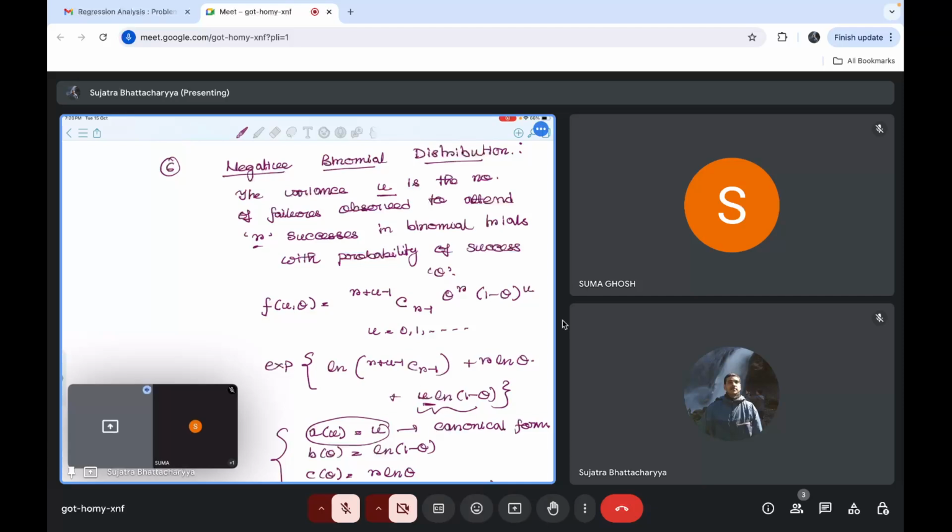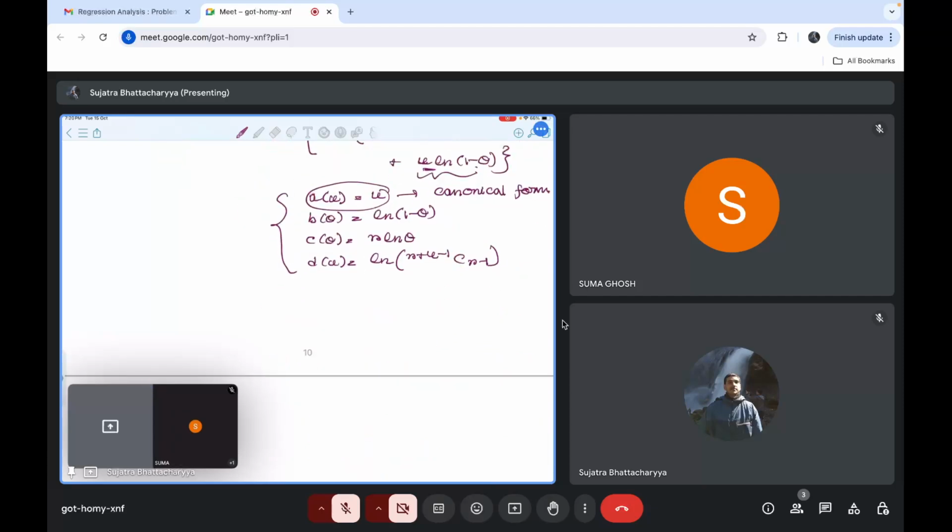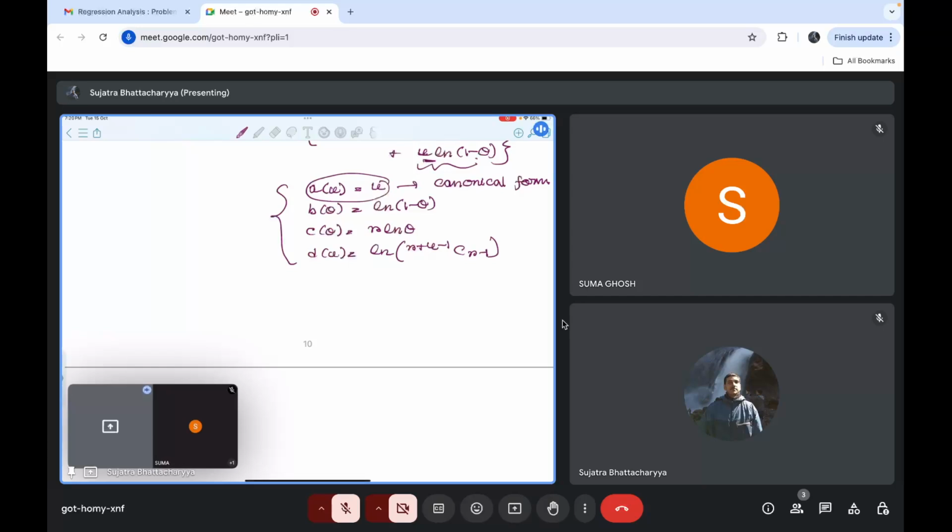Therefore, a of u and b of theta can be calculated from here. All other terms will tell you whether it is d of u or c of theta. That's all. Once we can write it as some generalized known functions within the exponential bracket, it belongs to the exponential family of distributions. If not, then this distribution cannot be written as the exponential family. And for the canonical form, just check whether a of u is equal to u or not. We will practice some questions after this so it will be much clearer.